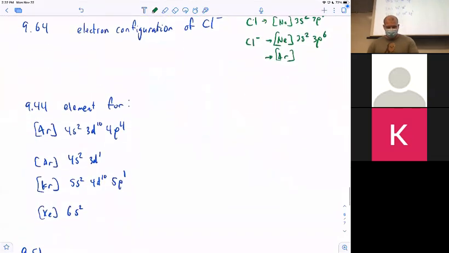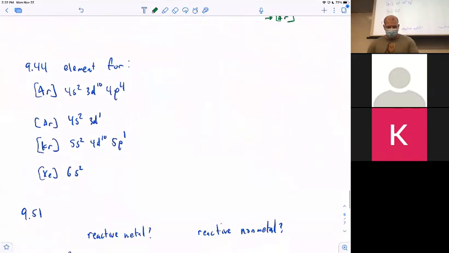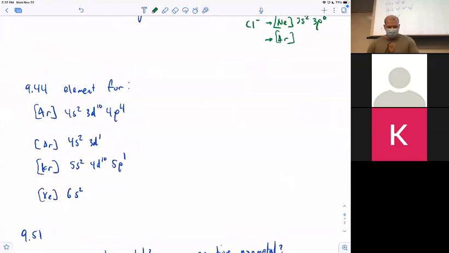So I think we have a couple more. So element 4.